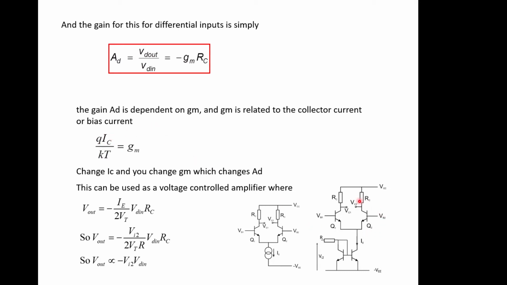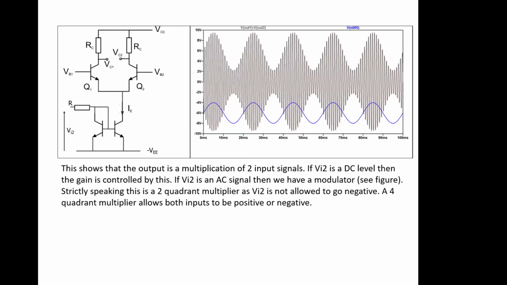So the current going through here dictates, for no signal going in, what the value of gm actually is, and that is dictated by the value of this current in this current source here. So we can control the value of IC, this one here, which gives us a new value of gm, by controlling the value of this current in here, which we can now control by just changing this voltage here. That's quite a nifty little thing to do.